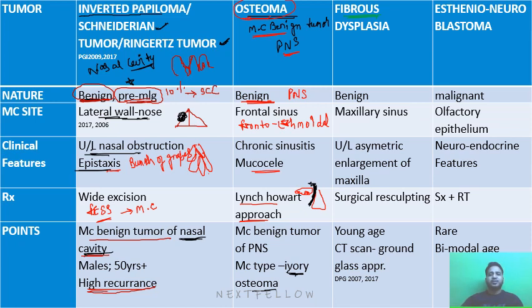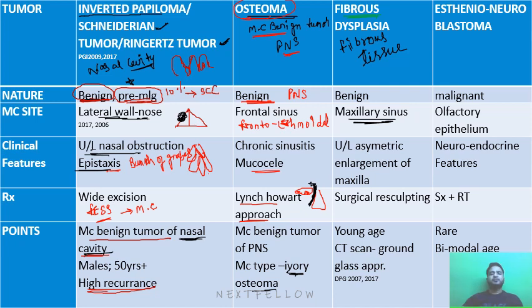In fibrous dysplasia, there is overgrowth of fibrous tissue into the bone. So with the osseous bone, the fibrous tissue is getting overproduced. Most common site is maxillary sinus.